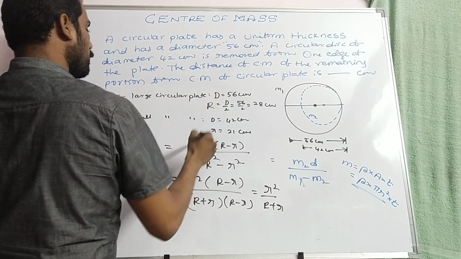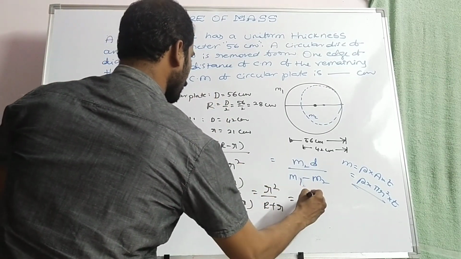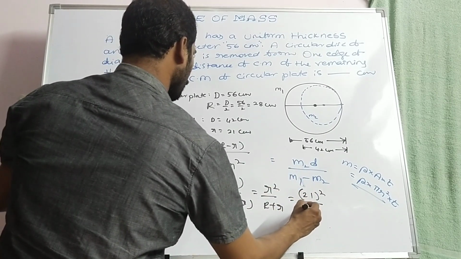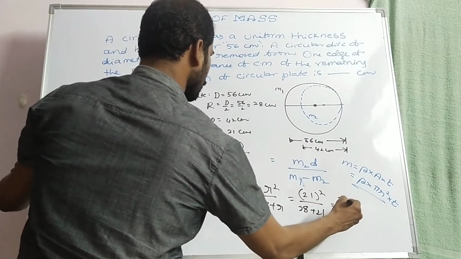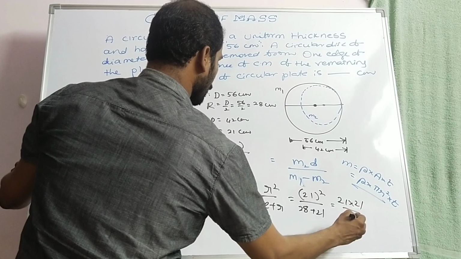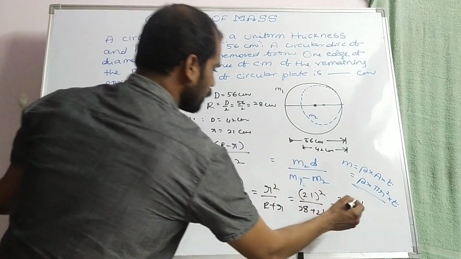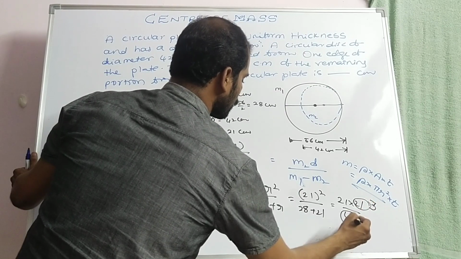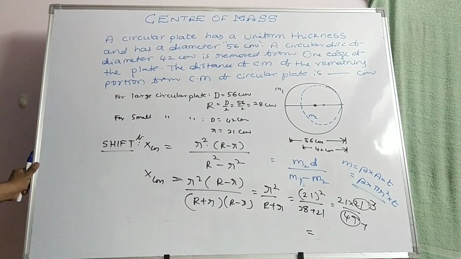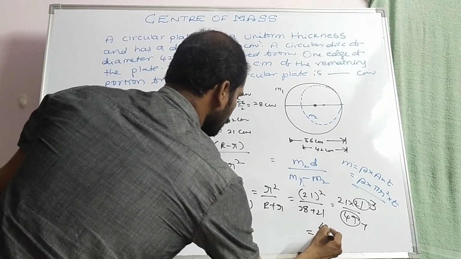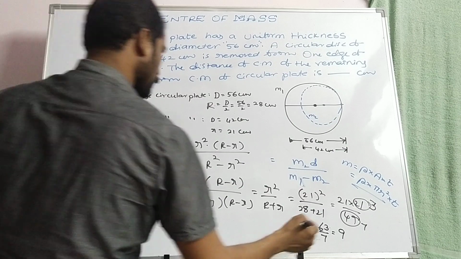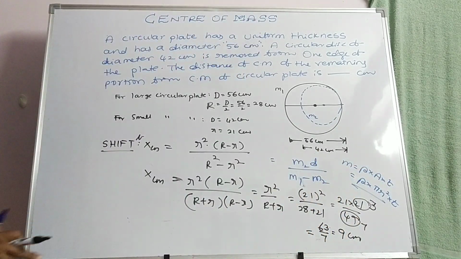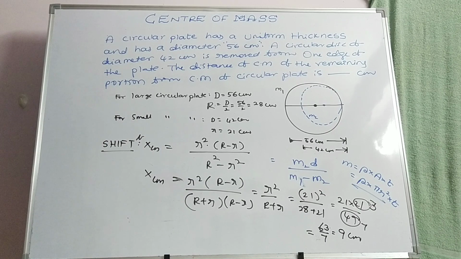Here capital R is 28, small r is 21, so that is equal to 21 square by 28 plus 21, that is 21 into 21 by 49. 7 threes are 21, 7 sevens are 49, so 63 by 7, that is 9 centimeter. Shift will be 9 centimeter.